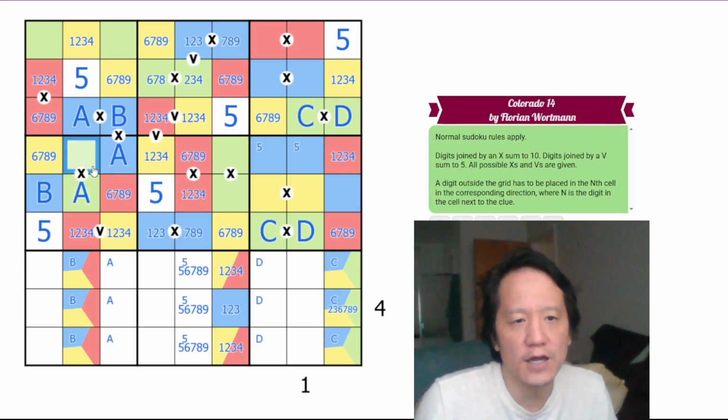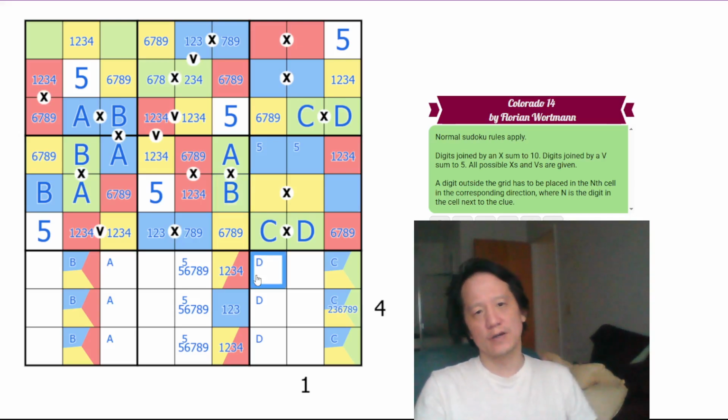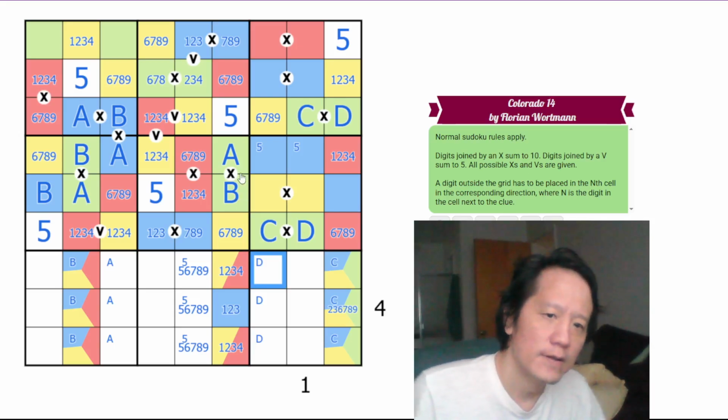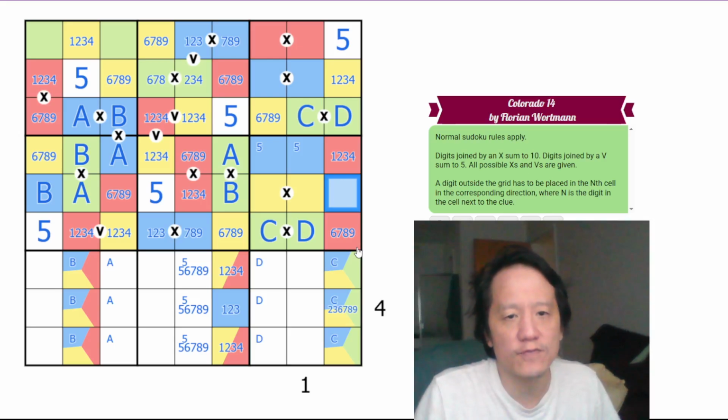So this is the A version of green and the B version of green, which makes this the A version of green and this the B version. This B is here. So this is the A version of blue, and this is the B version.